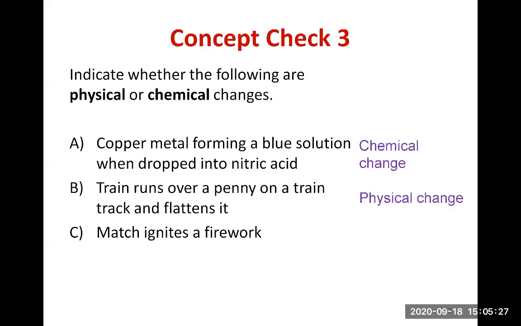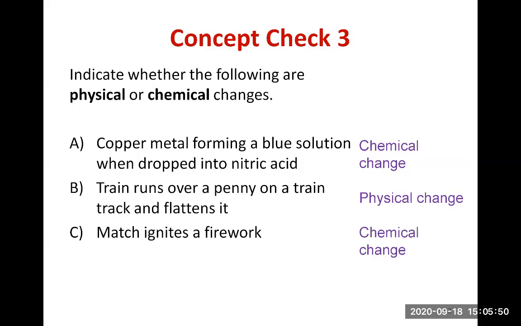Third example, when a match ignites a firework. Is this a chemical change or physical change? When you ignite a firework, whenever there is a combustion, which means burning, which means fire, flames, this implies a chemical change.